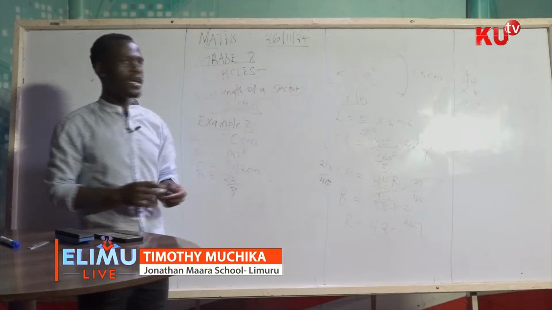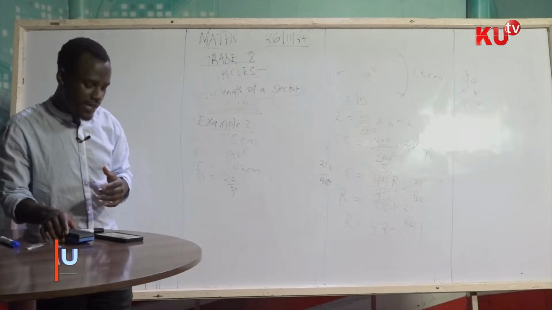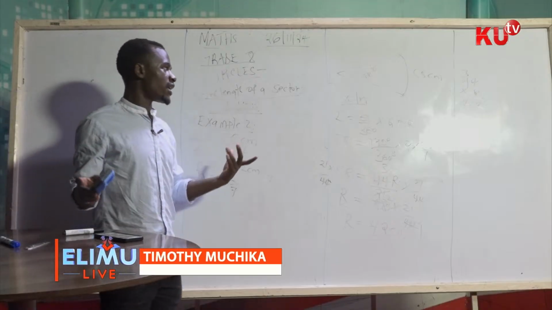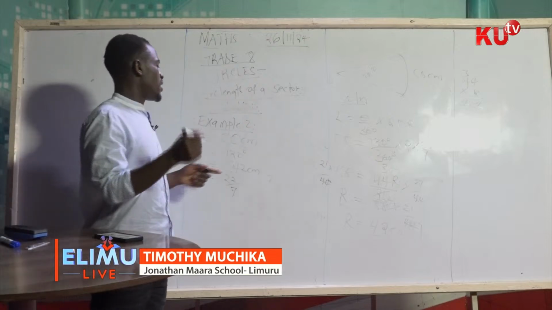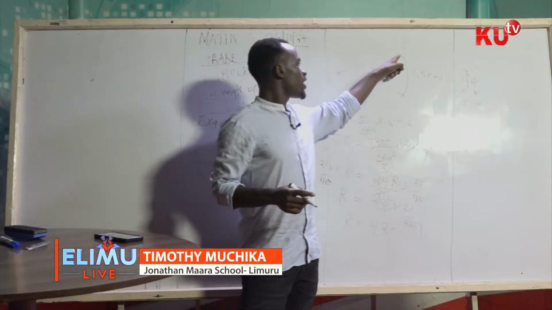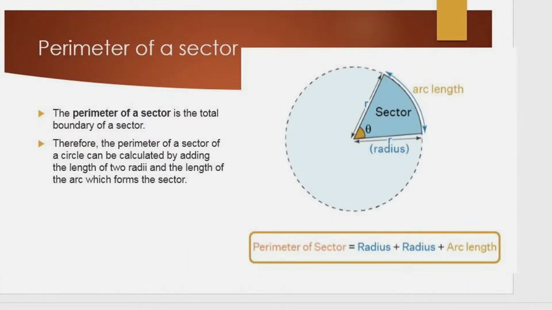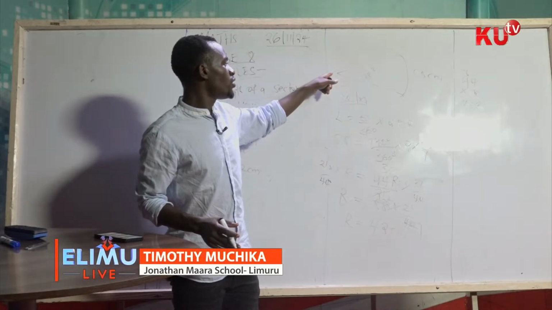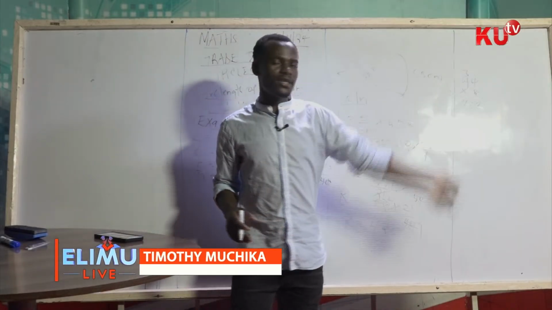The second part of our lesson today is finding the perimeter of the sector. Now the difference between the two: when we were working the arc length, we were only focusing on the curved part of that sector. But in the next bit, we are going to look at all the distance around that sector.